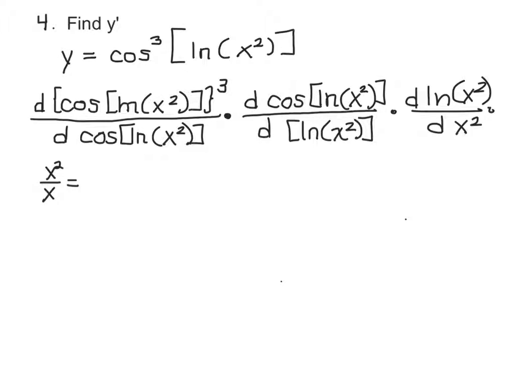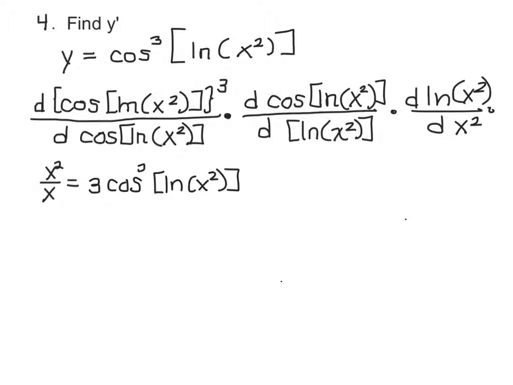So our first piece right here, the derivative of this entire thing cubed, means that we're going to have to bring down the 3. So 3 times the cosine of the natural log of x squared is going to be now all raised to the second degree.